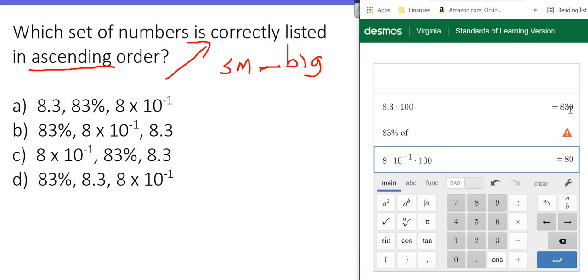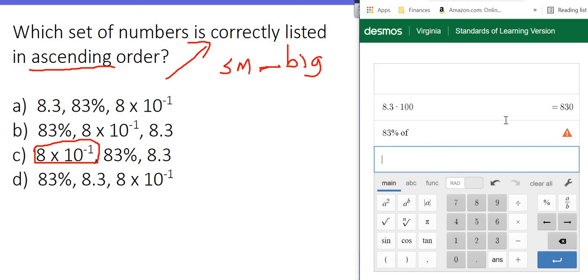All right, so if we are going in ascending order, that means we need the smallest number first. So let's ask ourselves, what's the smallest? 830%, 83%, or 80%? Well, definitely 80% is the smallest, so it would have to go first. And the only choice that has that first is this one. Okay, well, I'm going to delete this part. I'm going to highlight it and then click backspace.